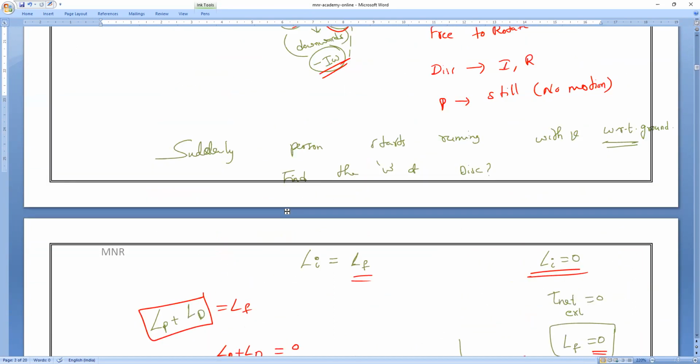Solve it, everybody. So the disk's angular momentum is in the downward direction, so it is negative. That is what you have to remember.